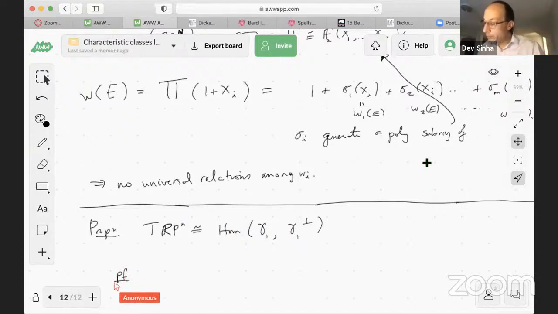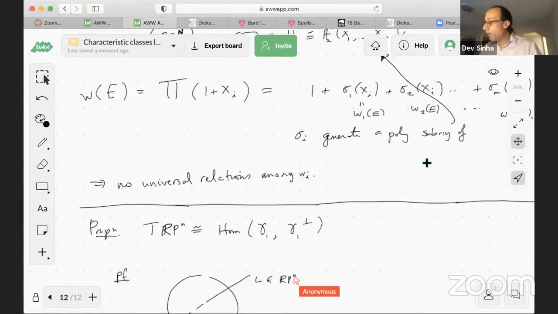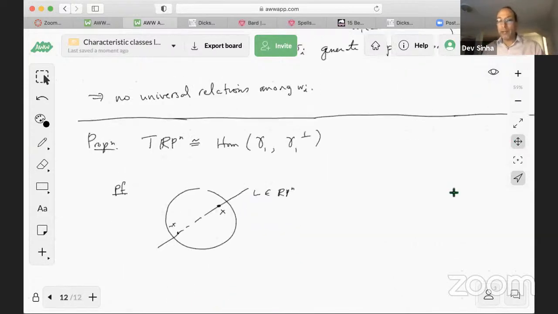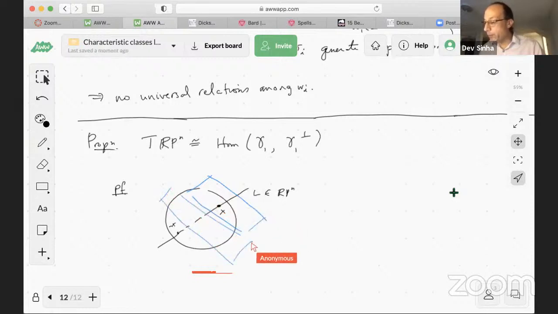Well, let's draw a picture. We've got an element L in RPn. Let's think about where it hits the unit sphere. Say it's at some x and minus x. Then the naive guess would be that, if we thought about the tangent space of the sphere, it was the perp.